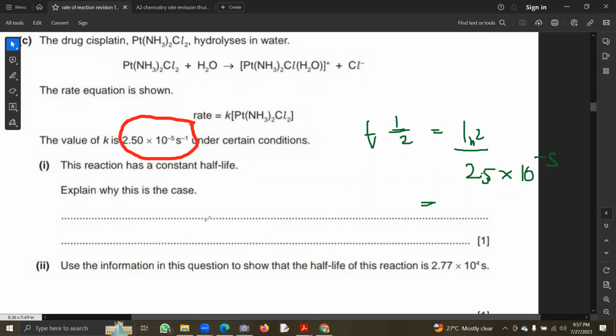Rate can normally have the unit of h to the power minus 1 also. Other units also can. But here we can do the sums for this kind of k values only. You don't get the other units. That's why the examiner designed it like that.